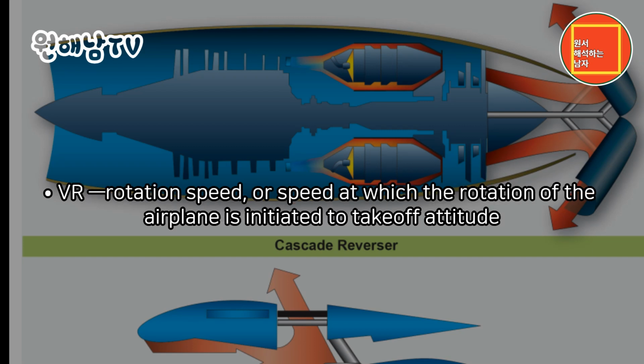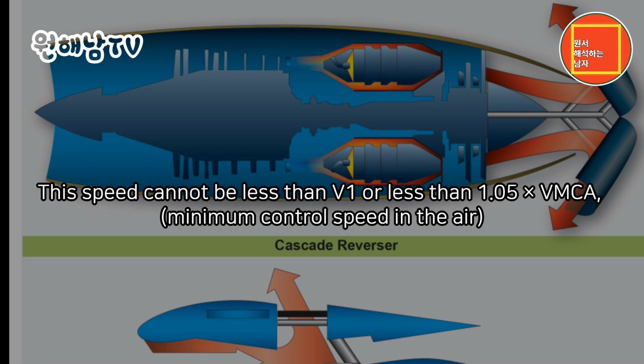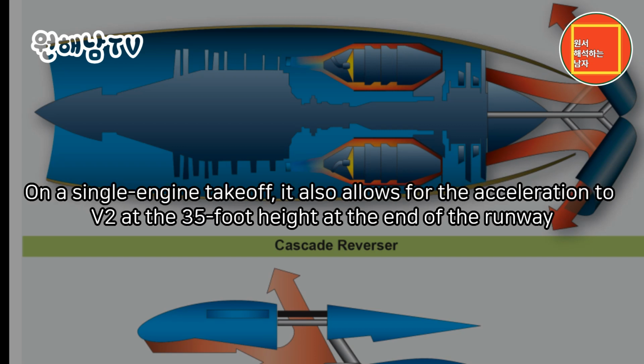VR: rotation speed, or speed at which the rotation of the airplane is initiated to takeoff attitude. This speed cannot be less than V1 or less than 1.05 times VMCA, minimum control speed in the air. On a single-engine takeoff, it also allows for the acceleration to V2 at the 35-foot height at the end of the runway.